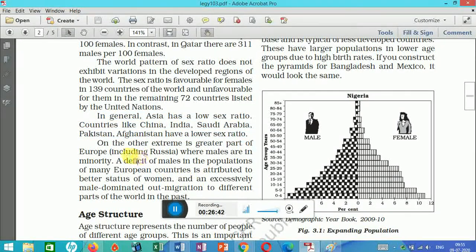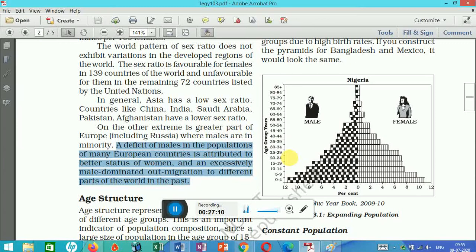On the other extreme is the greater part of Europe, including Russia, where males are in minority. That means the number of males is lesser than the females; females outnumber the males. A deficit of males in the population of many European countries is attributed to the better status of women and excessive male-dominated out-migration to different parts of the world in the past. So why is there a smaller number of males in the European countries?